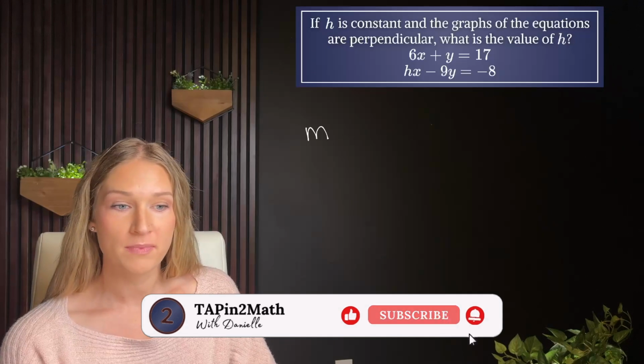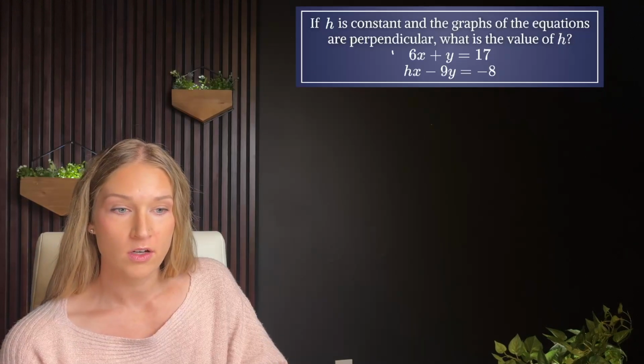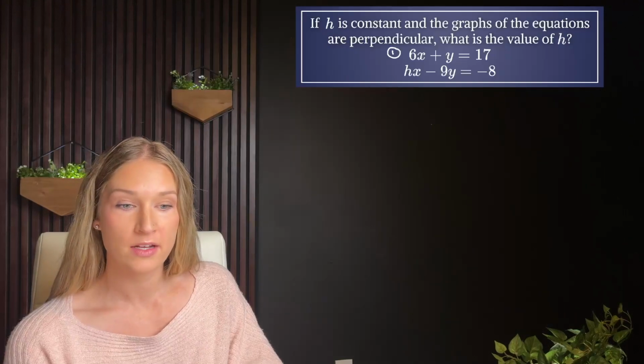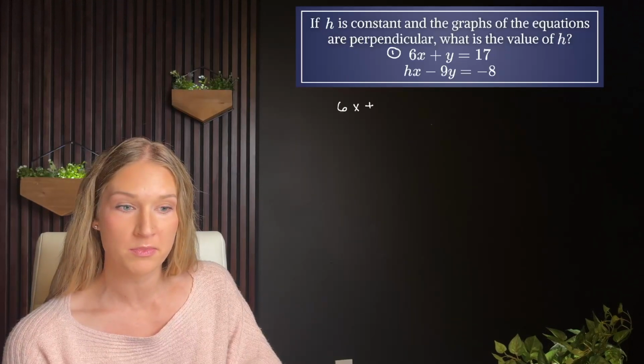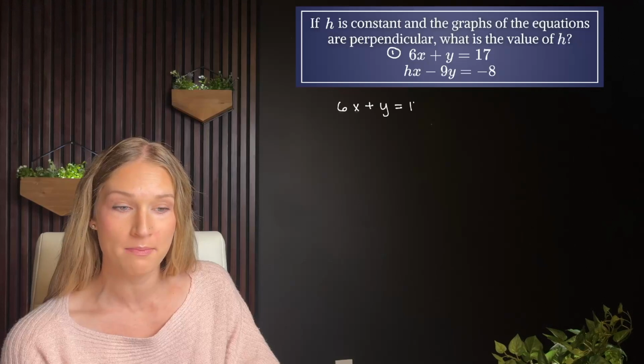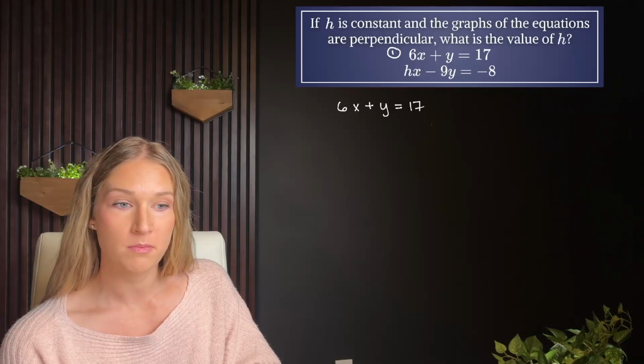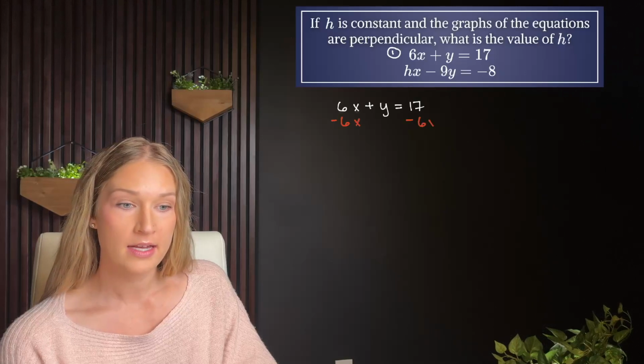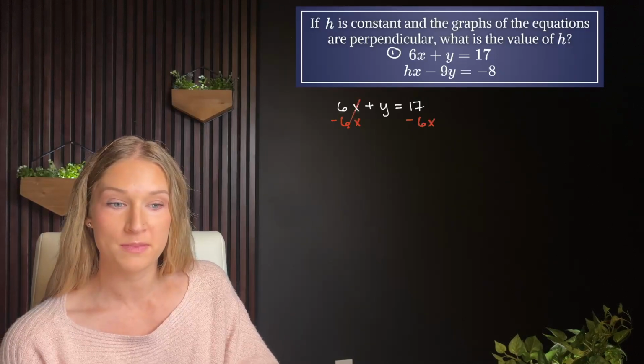So the slope of my first line, this line here I'll call my first line, 6x plus y is 17. Let me rewrite that in slope-intercept form. All I need is to get the y by itself, so I'll start by subtracting that 6x to the other side, and I'll be able to write it in y equals mx plus b form.